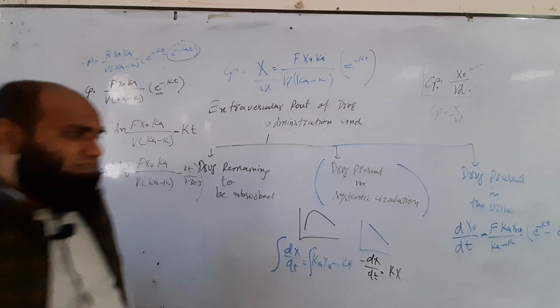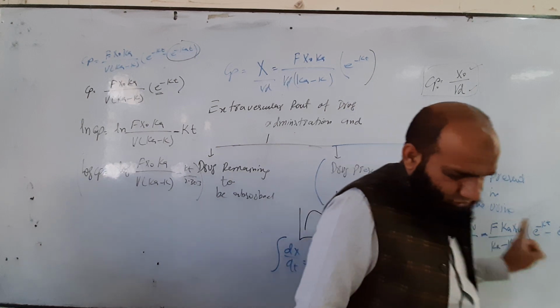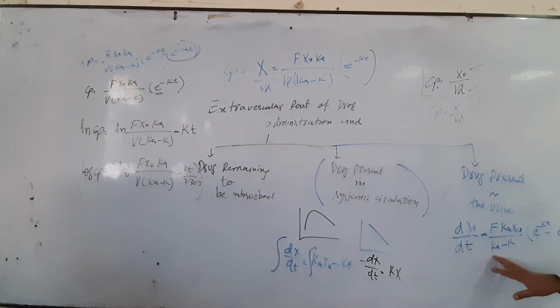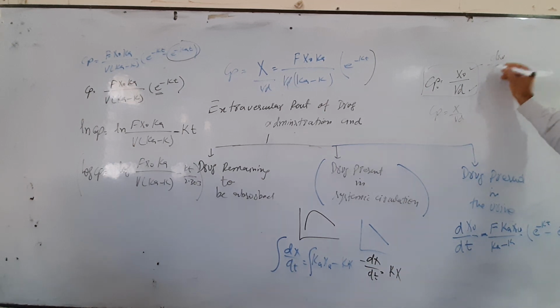Can we assume the same scenario with the excretion one? The answer is yes. We have X naught as Fx naught over K, and when we assume complete absorption has occurred, we write dXu over dt.